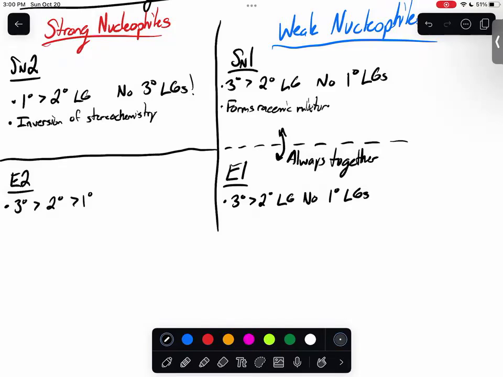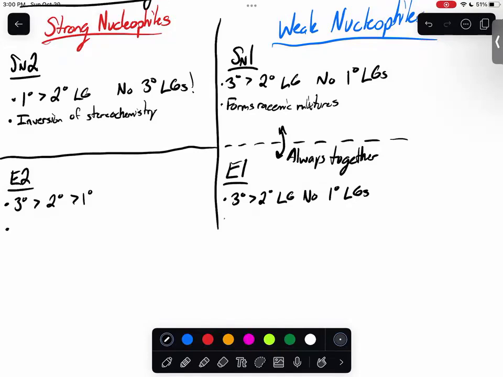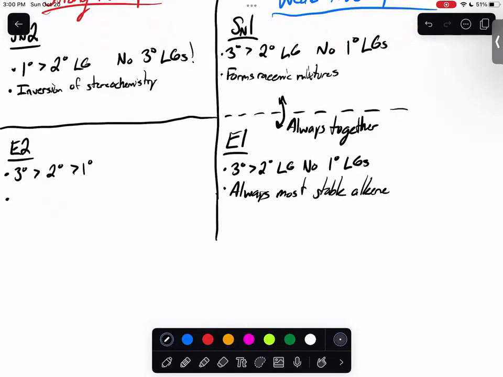For the eliminations, in the alkenes that they form, essentially E1 we know is always the most stable alkene, no exceptions. And then for E2, it's a little bit different because base size determines alkene stability, right?